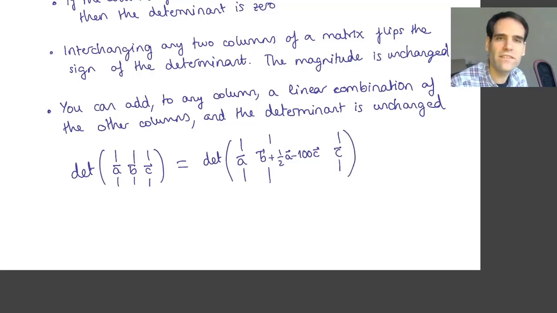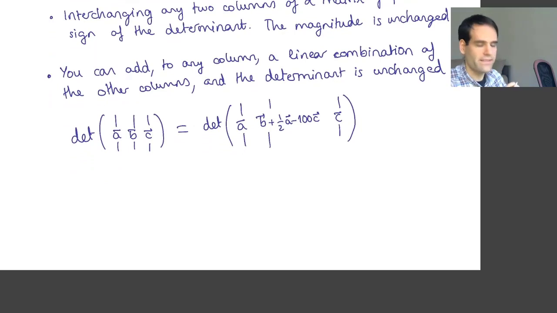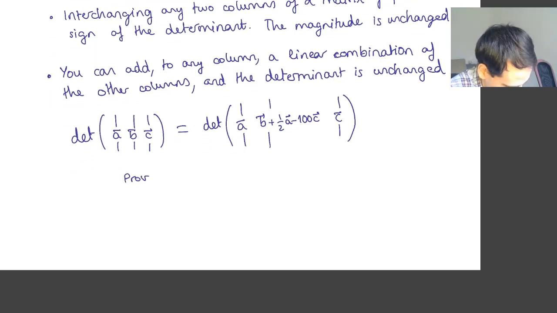So these two determinants are equal. Let me show you from the properties that we showed above that the determinant is linear in the columns. We can prove it, right? So prove using linearity in columns.